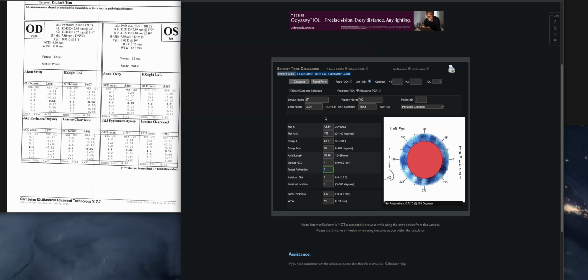Optical ACD, sorry, 3.75. And again, super weird, usually it's not like there's something wrong with the measurements on the IOL Master. 500 for white to white. So if you guys are ever using this to measure white to white, just don't do it. All right, let's calculate.